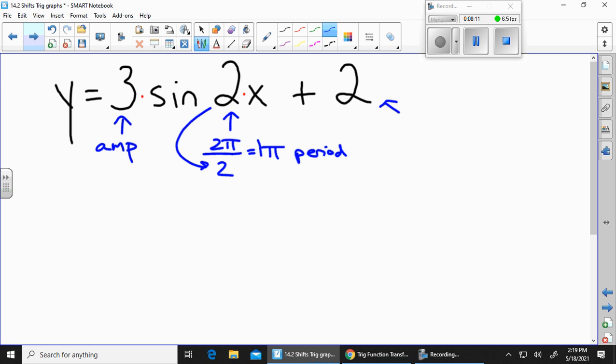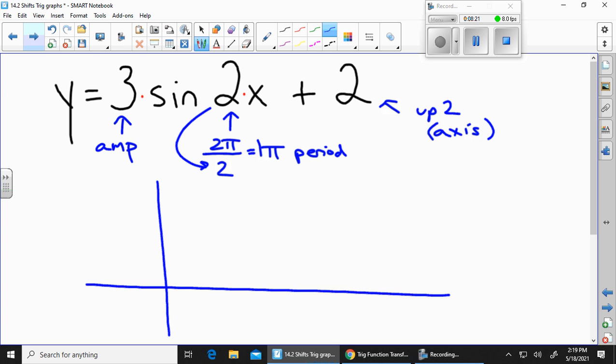This is up 2. Now, what's up 2? My axis. So, when I draw it, I think of this. And I think, okay, usually I mark my amplitude 3, -3. That was when my axis was 0. So now my axis is 2.